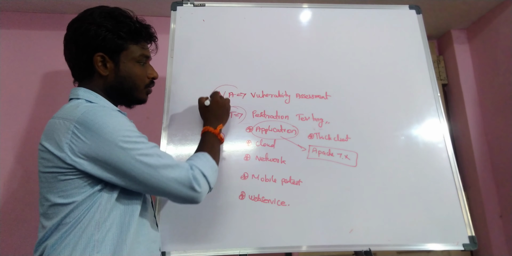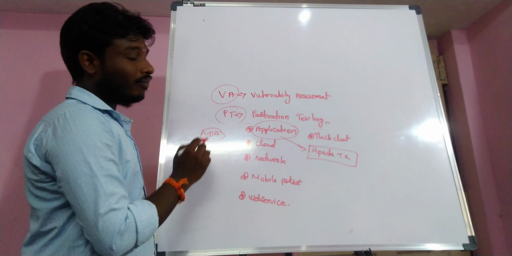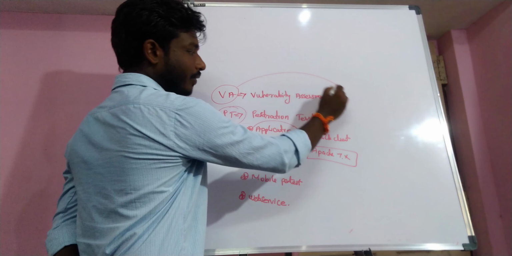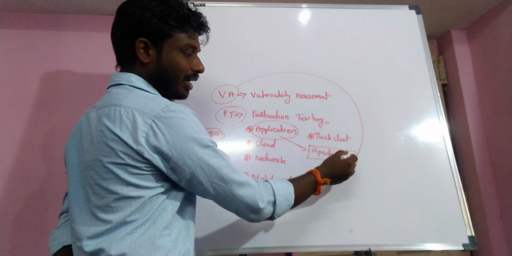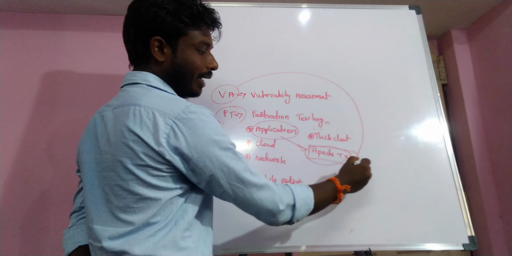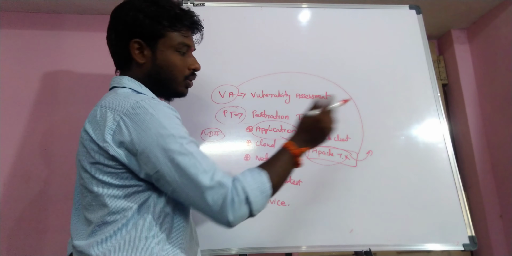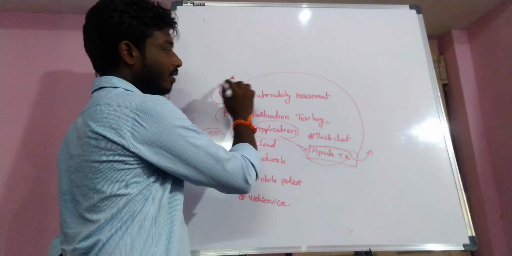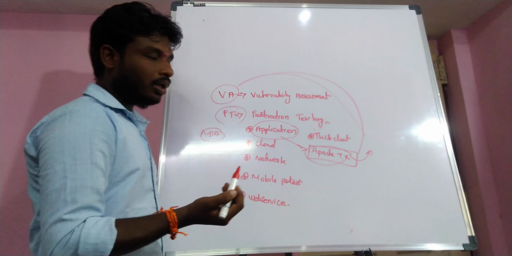So when it comes to the vulnerability assessment tester role, what they will do is inform the app team that you are running a lower version of Apache, try to upgrade to the latest one. That is the role they play when it comes to vulnerability assessment.